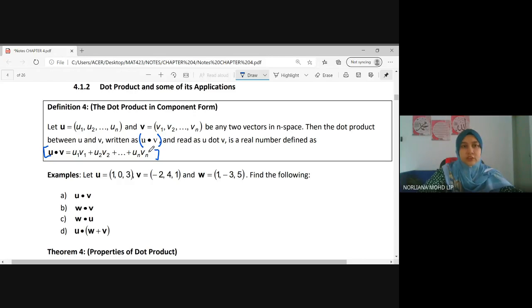The result of the product is not a vector anymore, it is a real number. So u dot v is 1 times negative 2 plus 0 times 4 plus 3 times 1.